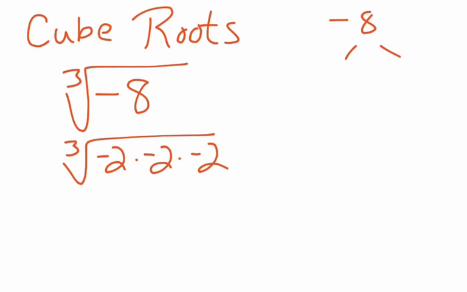Over here on the right-hand side, you could factor that into negative 4 times 2 and negative 2. Technically this is a correct factorization, but it doesn't factor it into that group of 3 that we're looking for.